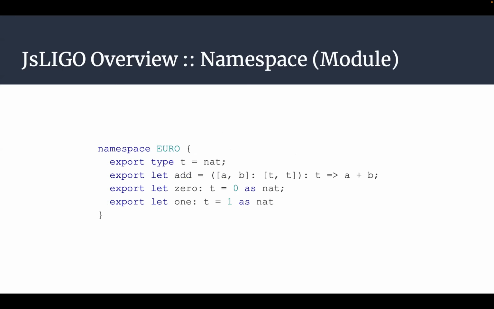We can define namespaces, so you can define them explicitly with the keyword namespace, but you also define a namespace implicitly once you create a file, and when you import a file into another one, you have to attach the imported file to a given namespace. So the file is implicitly a namespace, and you have to give an incarnation thanks to the import.